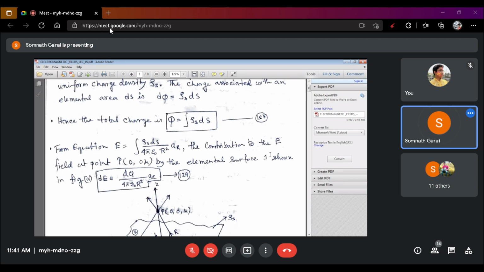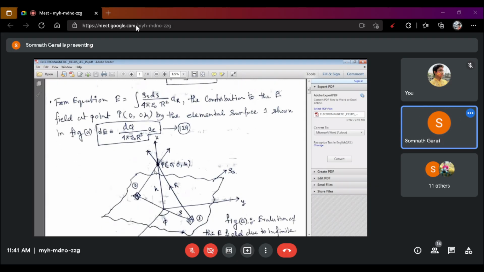Now, from this equation, the contribution to the electric field E at the point P, which is situated in the point 0, 0, h, that means x is equal to 0, y is equal to 0, z is equal to h, by the element of the surface 1. This is the element of the surface 1. This is element of the surface means it is a small area. Okay.